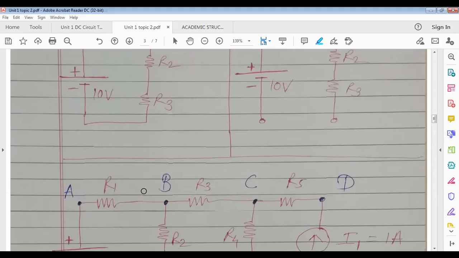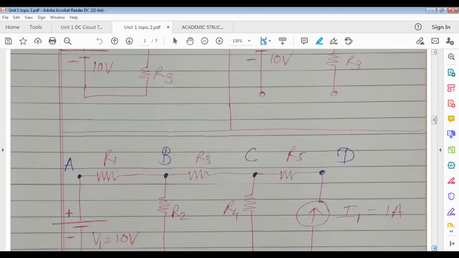Okay, so these are called circuit parameters: resistance, inductor, capacitor. But in the first unit, whatever circuits you are going to simplify, inductor and capacitor will not be given to you. Only resistance is there.